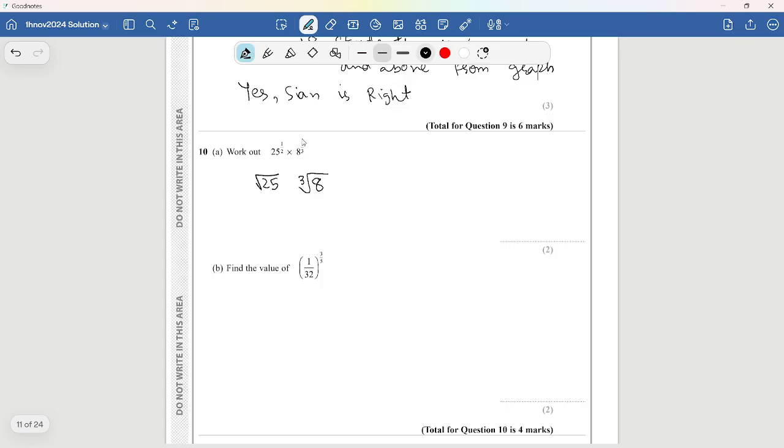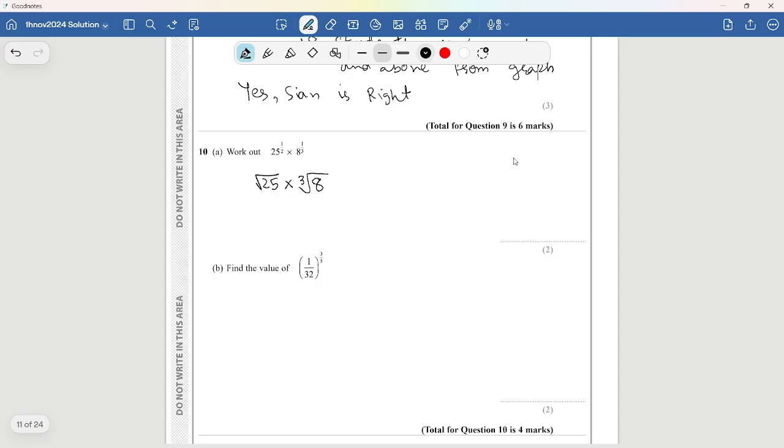If there is any number in the numerator, that goes as a power inside here. Since we have just one, these are the numbers we get, and these need to be multiplied because that's the operation in between. So what is the square root of 25?